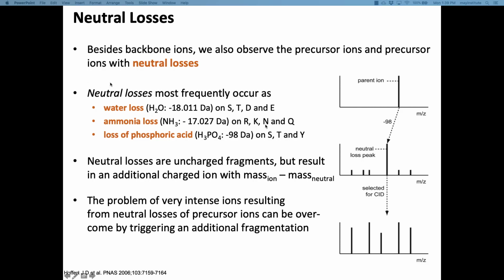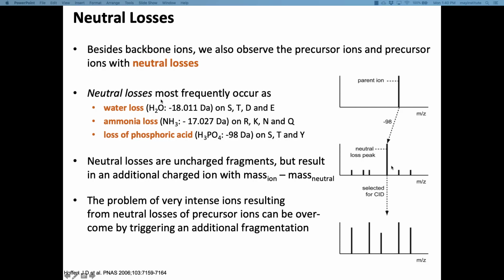That can happen on those amino acids that actually have nitrogen in them. Or phosphoric acid. If that happens on phosphorylated amino acids, then you see this loss peak here, a neutral loss peak that appears in the spectrum as well.